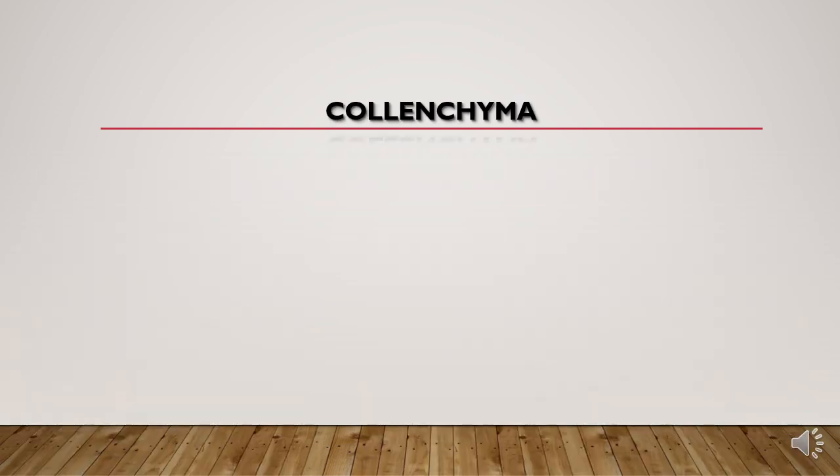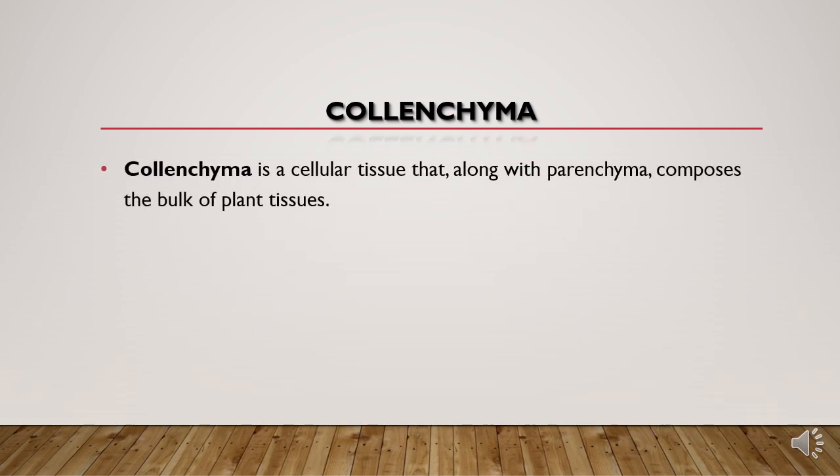Let us proceed to what we call the chlorenchyma. One thing we're supposed to know is that the chlorenchyma is a cellular tissue along with the parenchyma, and it makes up the bulk of plant tissues.